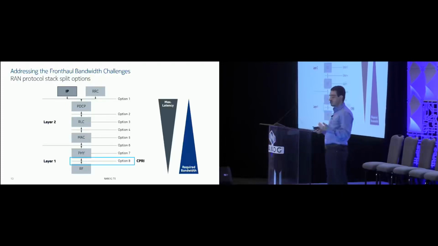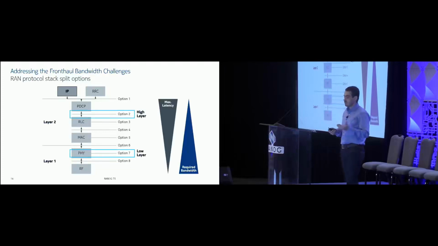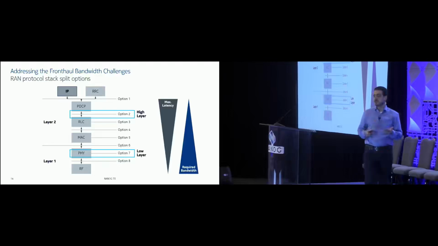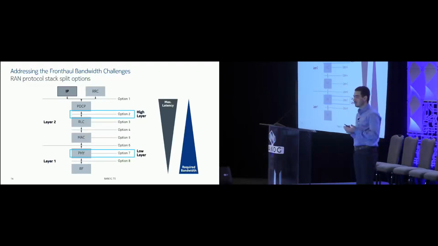So the way 3GPP looked at it, and you see different options, those are the options that were studied, is that with 5G, we now need a different approach. We need two different splits. We need a low layer split, which many times is referred to as a real-time split. And we have a higher layer split, which is sometimes referred to as a non-real-time split.